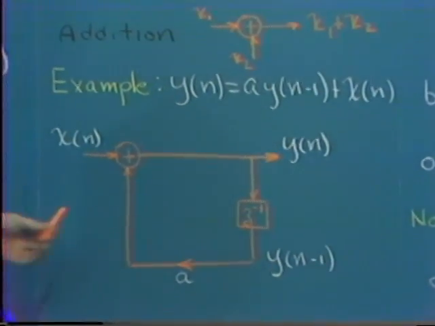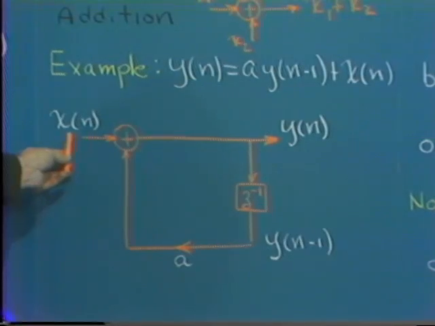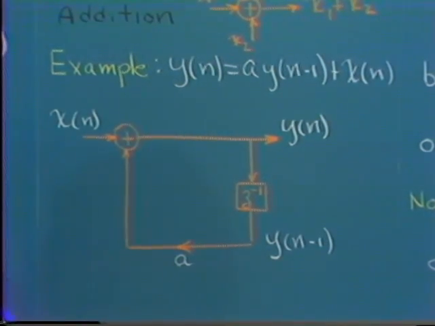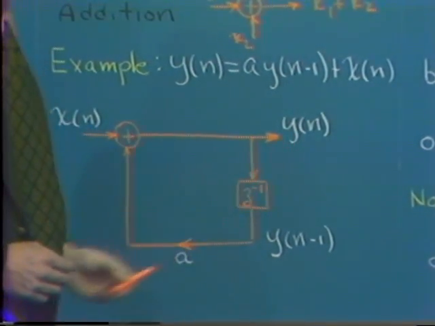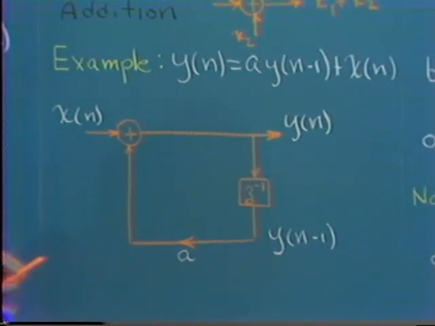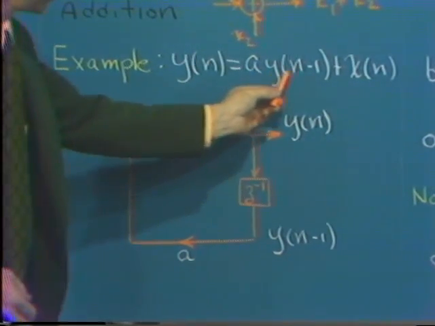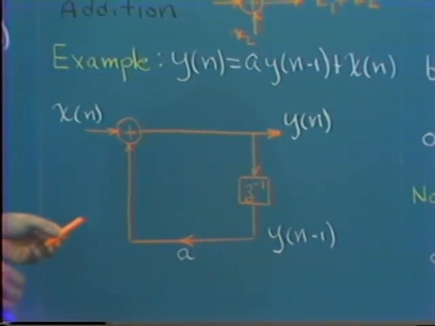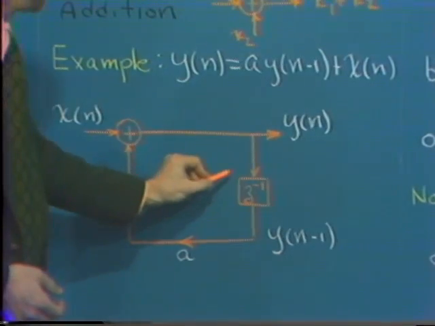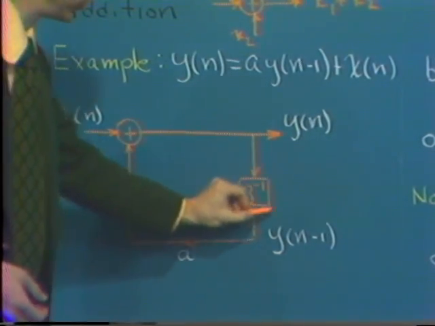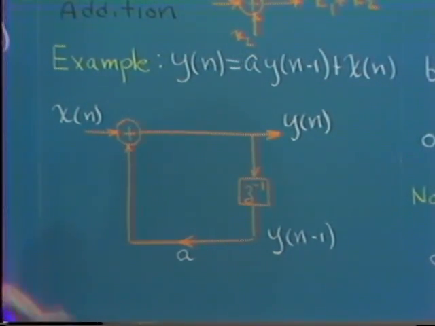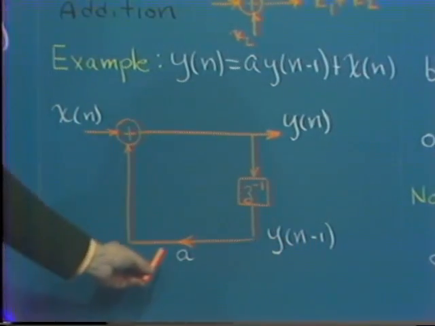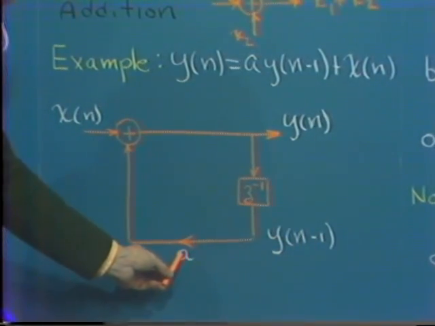So what do we have? Well, we have as an input x of n, as an output y of n. We need, in implementing this difference equation, to obtain y of n minus 1, and that's obtained with the delay element. Y of n minus 1 is then multiplied by the coefficient a.